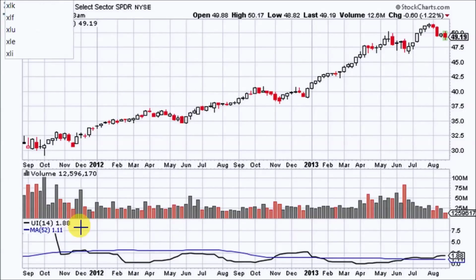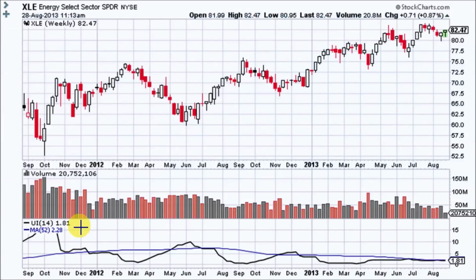And XLE is the energy spider sector. It's pretty low too, with an average over the year at 2.28, and it's well below the average at 1.81 over the last 14 weeks. So that's basically what you use it for.